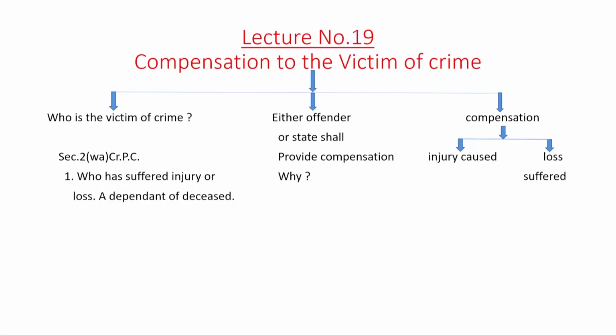So, what is the purpose of compensation? As you all might be knowing, the ultimate purpose of compensation is to rehabilitate the victim, to provide restorative justice, to provide an opportunity to the dependent of the victim of crime so that they can get financial assistance from the state or from the accused.